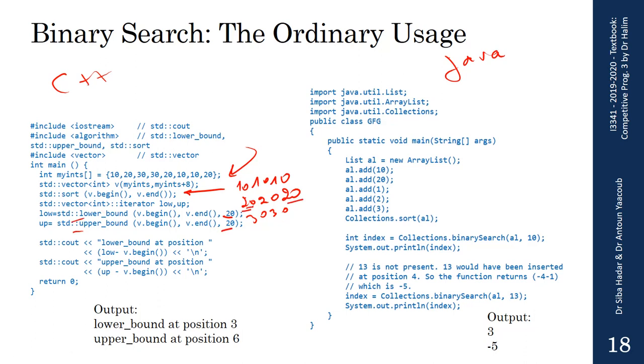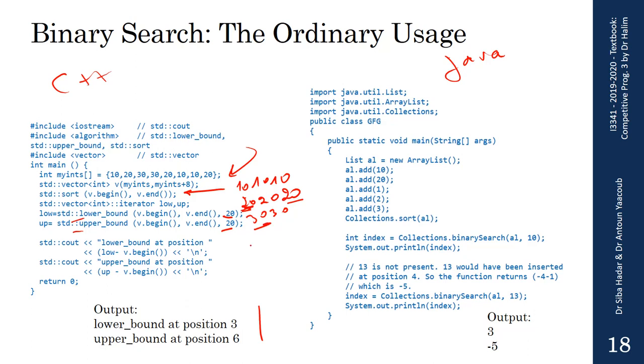Lower bound gives us the index of the first 20, whereas upper bound gives us the index of the first element greater than 20. So at the end we will have the output. Lower bound is equal to position 3, so 0, 1, 2, 3, and for the upper bound, the first index greater than 20 is here, which is equal to 6.